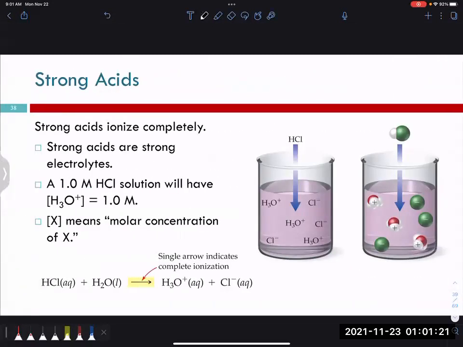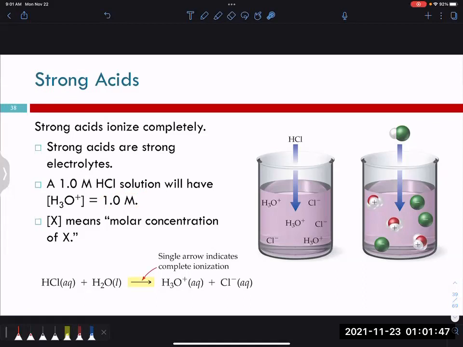All right, so our strong acids ionize completely. So a 1 molar, and this is another way to indicate concentration using brackets like this. If we have a 1 molar hydrochloric acid solution, we'll have 1 molar hydrogen ions.